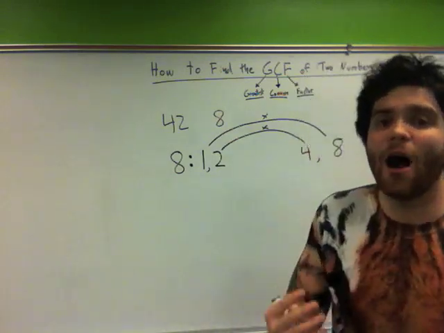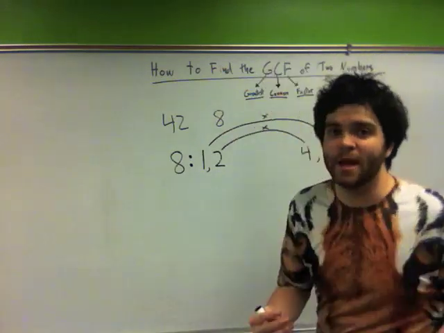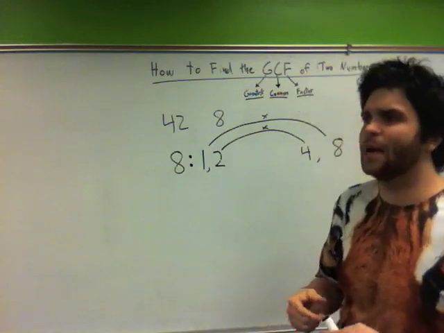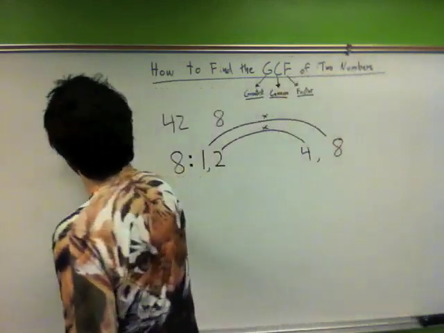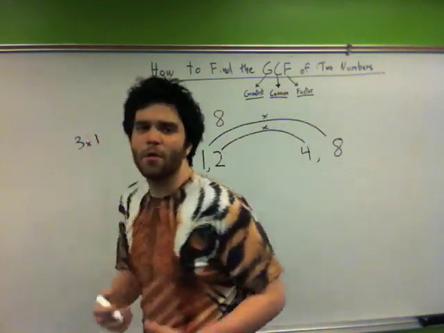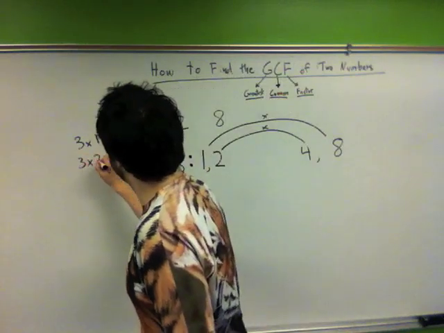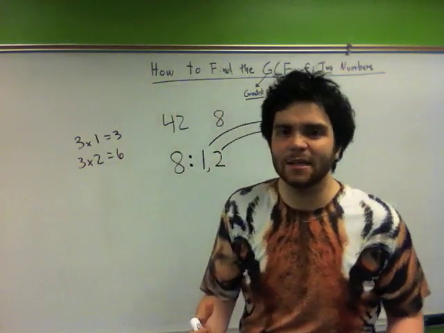Are there any more? How do we know when we're done? Well, let's try 3. Is 3 a factor of 8? I'm not sure. Well, 3 times 1 is 3. 3 times 2 is going to be equal to 6.